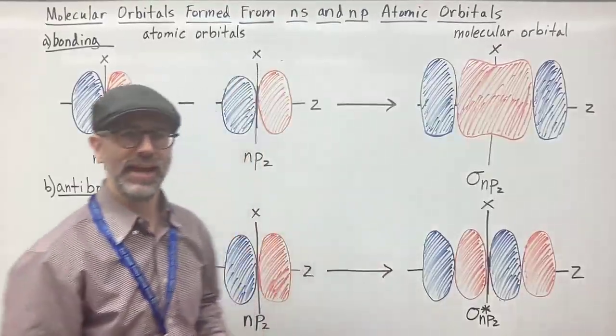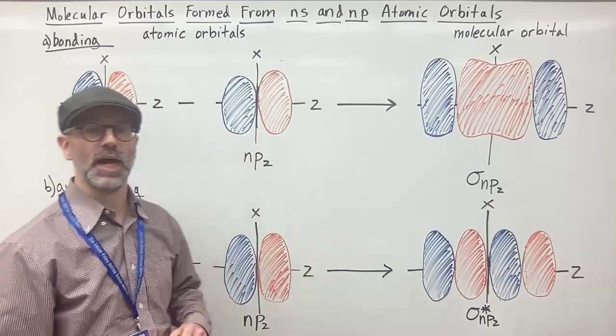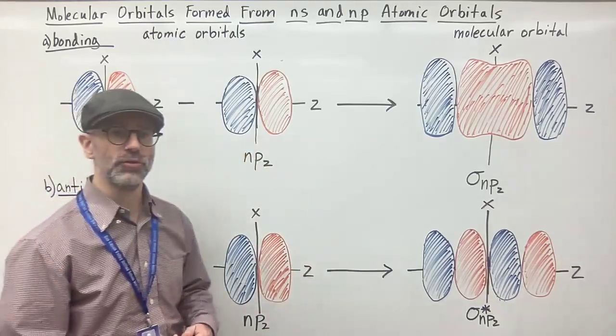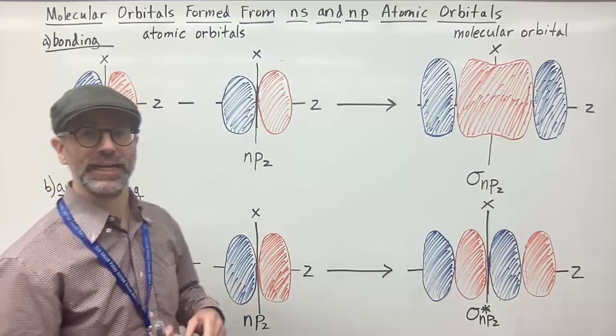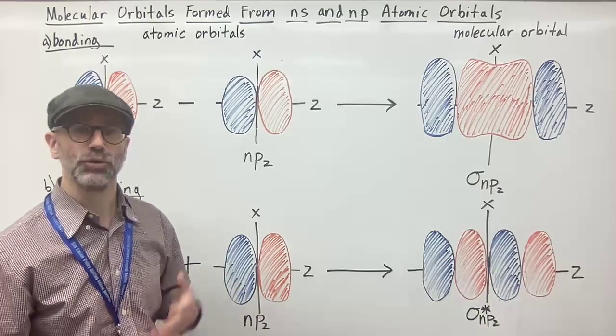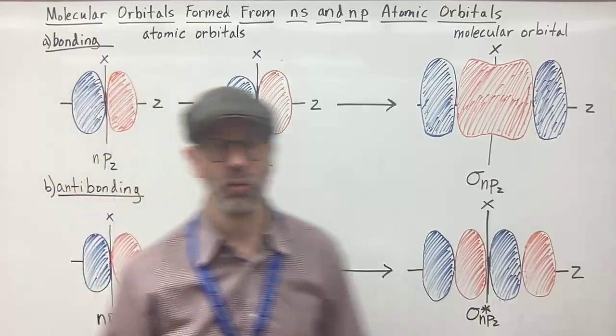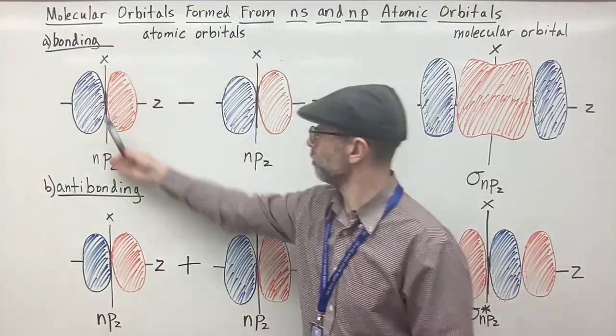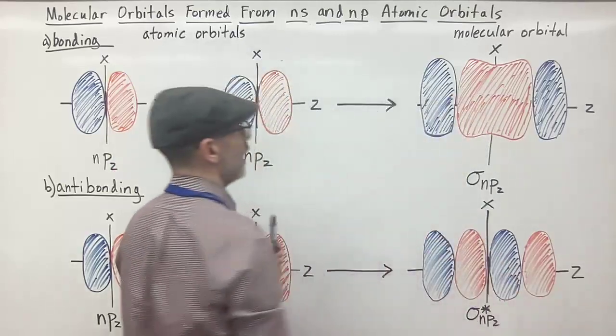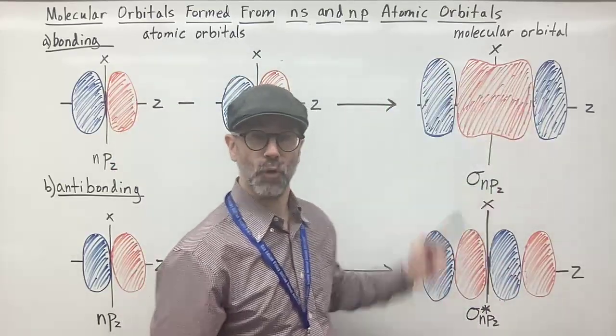Okay, so here we have some drawings of atomic orbitals and molecular orbitals. I want to go over what I was saying before with regard to the antibonding and bonding molecular orbitals that are formed. We'll start with the bonding. We have the atomic orbitals on this side, and we have the molecular orbital that forms.